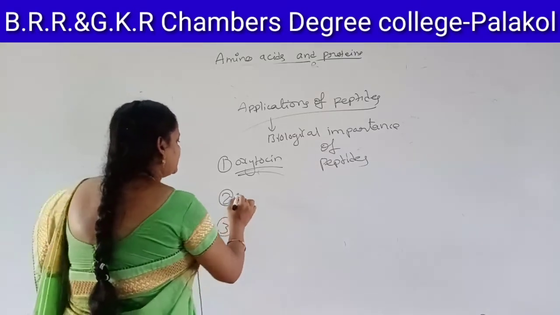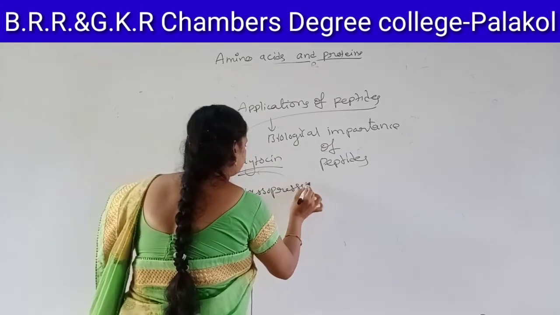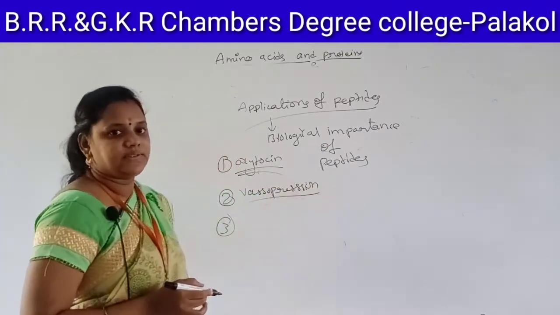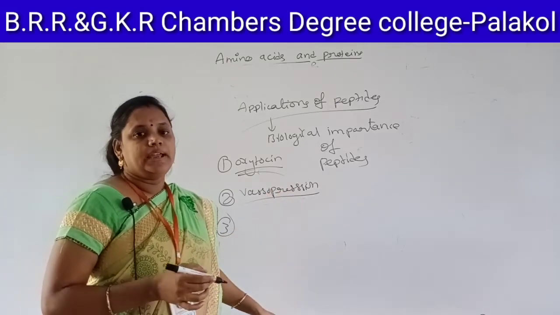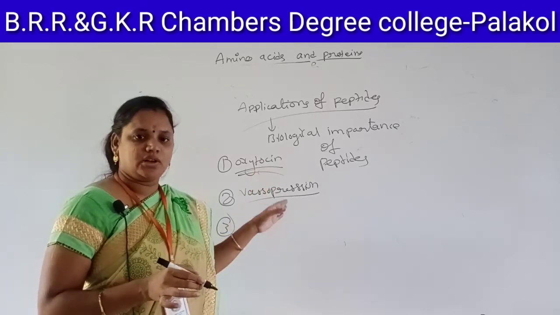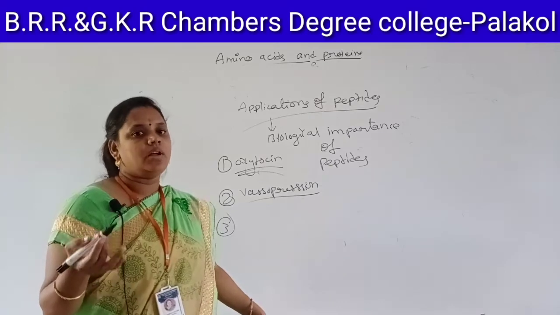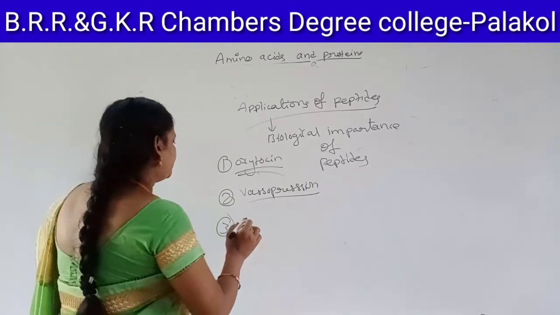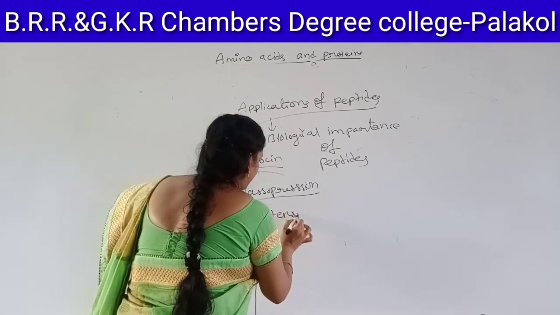The next one is vasopressin. What is vasopressin? It is also secreted by pituitary glands. It is also a peptide hormone which has 9 amino acids. And the last one is angiotensin.